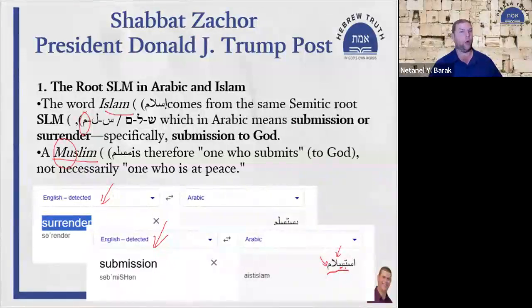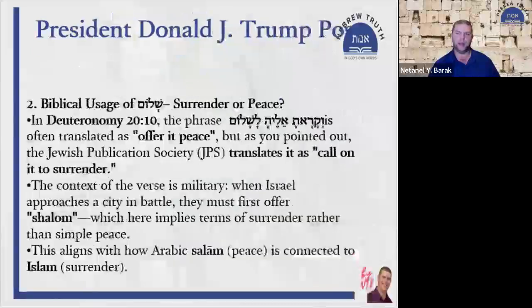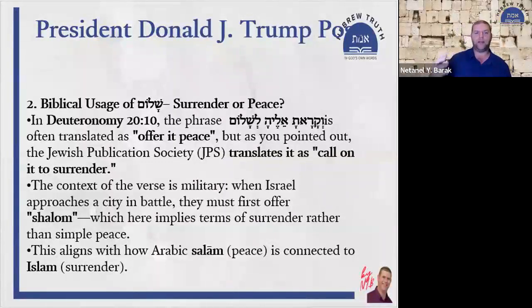Where the best example for this kind of use of this root is in the book of Deuteronomy, in the laws concerning warfare. And that makes perfect sense that you would have a word for surrendering or submitting in the context of the law, the rules of engagement, if you will.